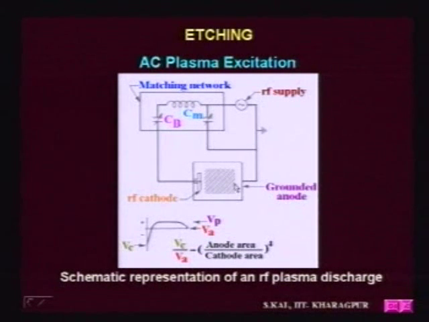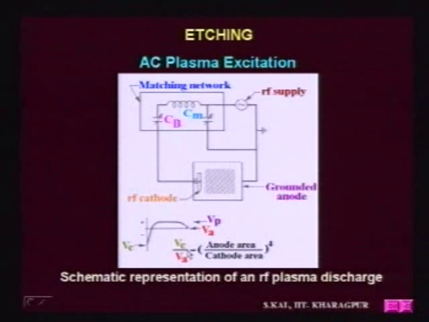Next, coming to the plasma, there will be a plasma potential, which is Vp. After that, near the cathode the space charge will be negative. So the cathode potential, whether in the positive cycle or the negative cycle if you use AC, in both cases will be effectively negative. That is Vc, the negative potential at the RF cathode.